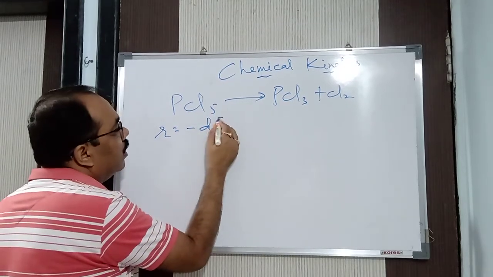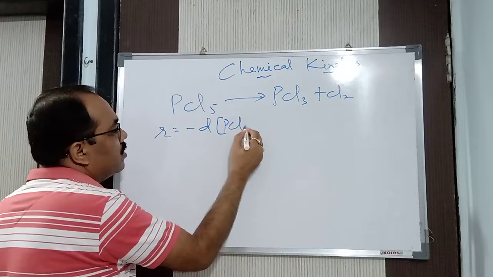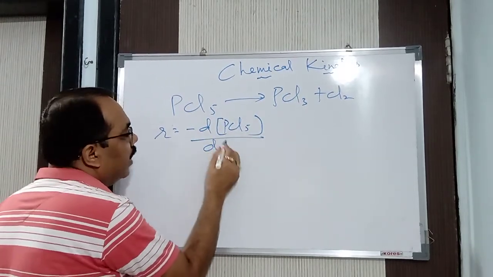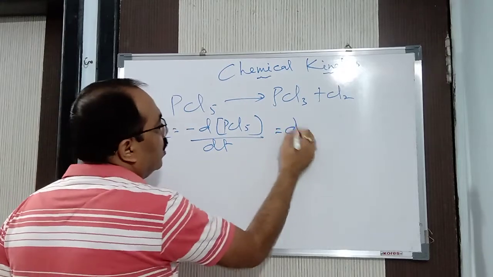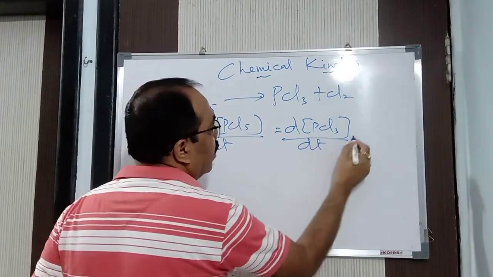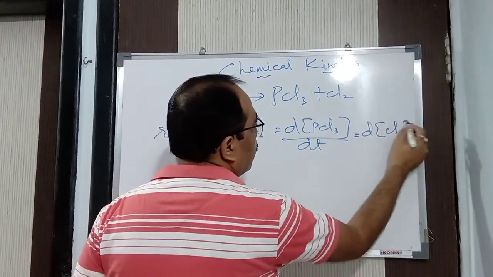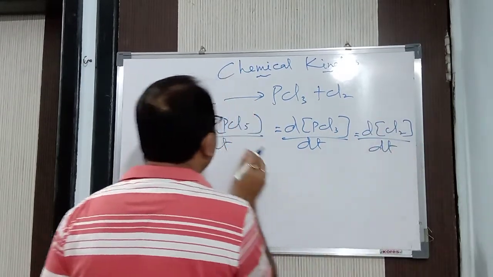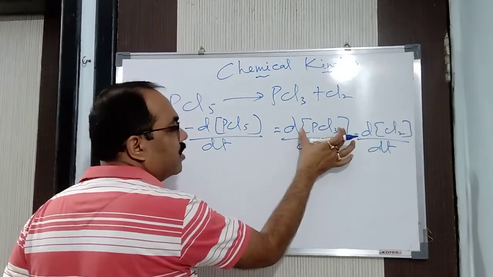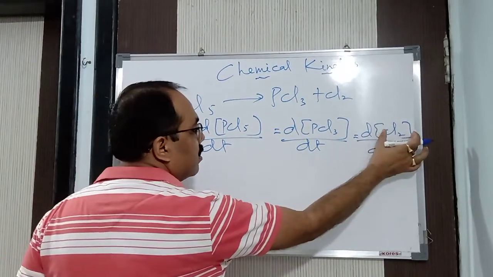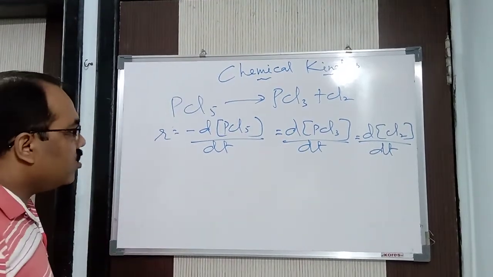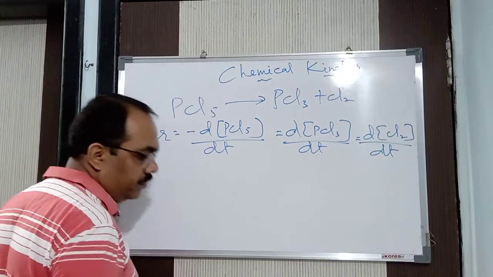You know concentration is represented by square brackets. Here it is change in concentration of PCl5, change in concentration of PCl3, and change in concentration of Cl2, and dt is the small change in time. Now the question is, why did I put a minus here?